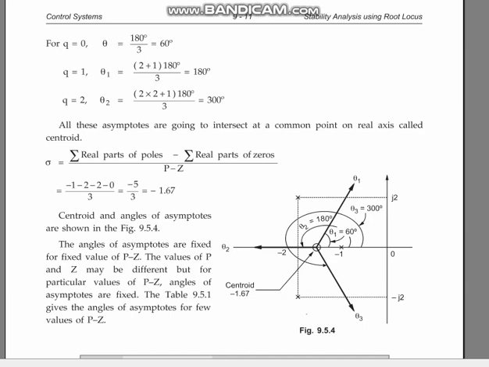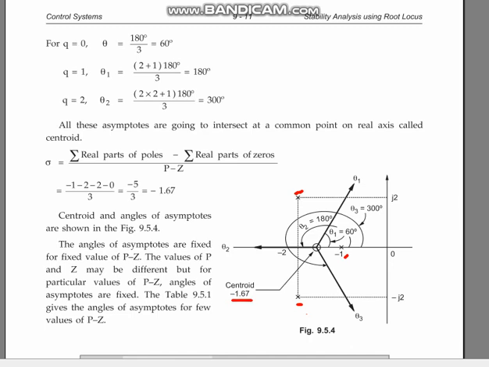So now we have one pole at minus 1 and the complex poles at minus 2 plus j2 and minus 2 minus j2, and there are no zeros. Now we have the centroid, that is minus 1.67.